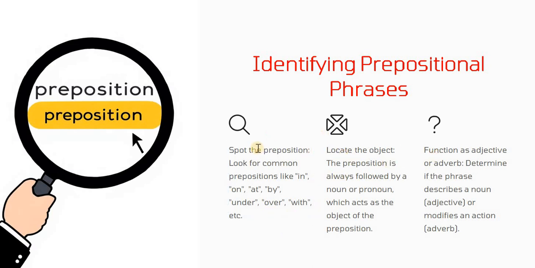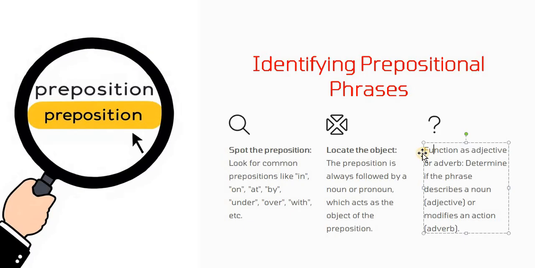Now look at the object. How can we locate the object of the preposition? A preposition is always followed by a noun or pronoun which acts as the object of the preposition. So a preposition always has a noun or pronoun.